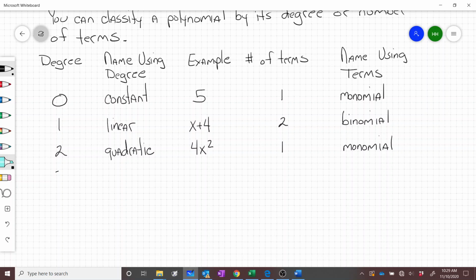Degree of 3. Name would be cubic. Could be something like 4x to the third minus 2x squared plus x. The number of terms in this case would be 3. Three terms is a trinomial.